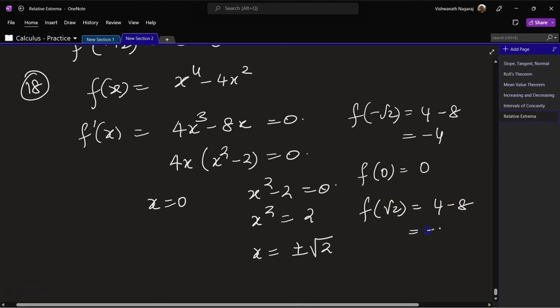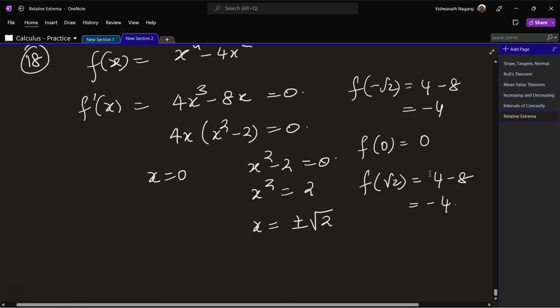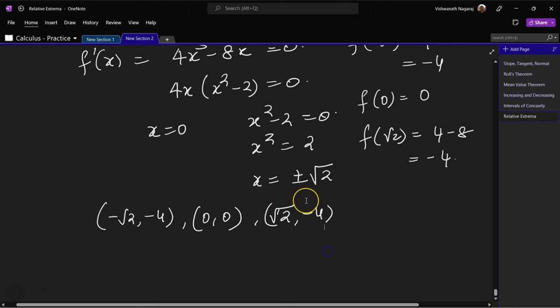So -4. So the coordinates would be (-√2, -4), (0, 0), and (√2, -4). These are the places where the slopes are 0.